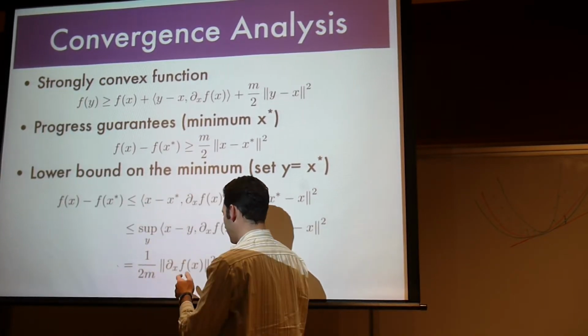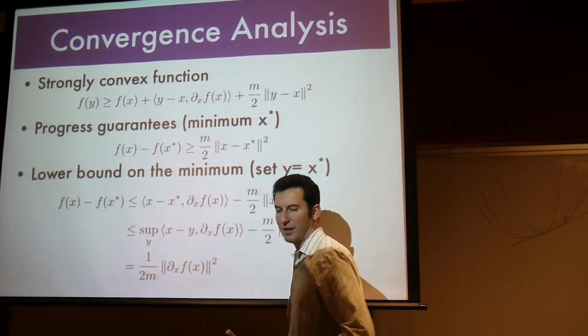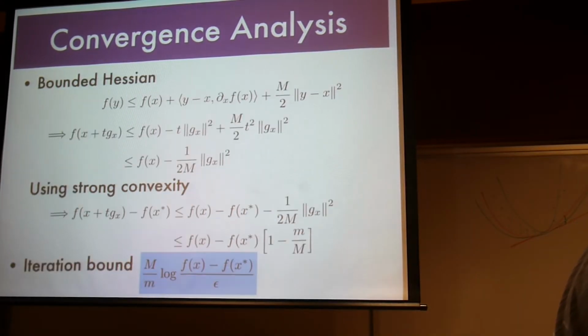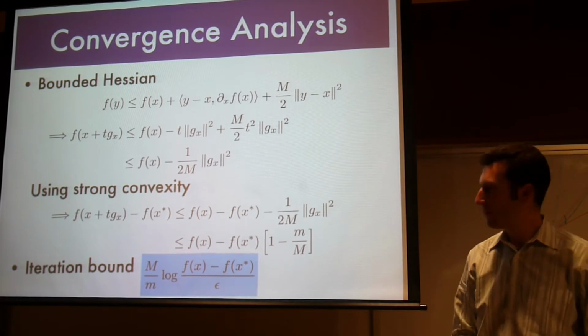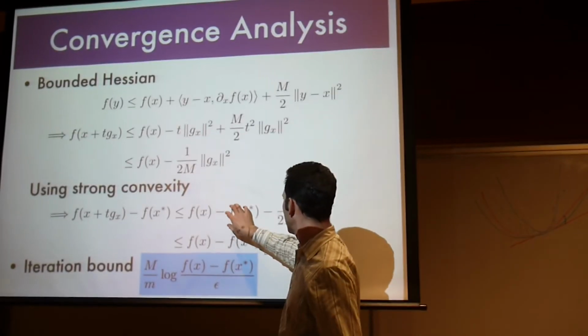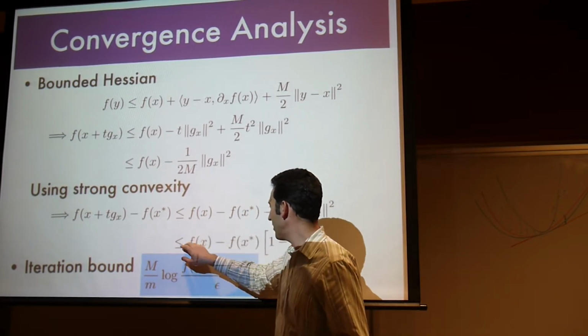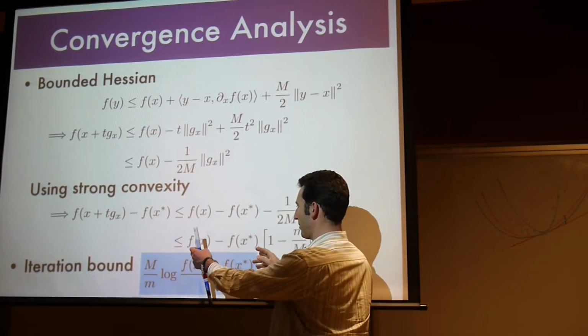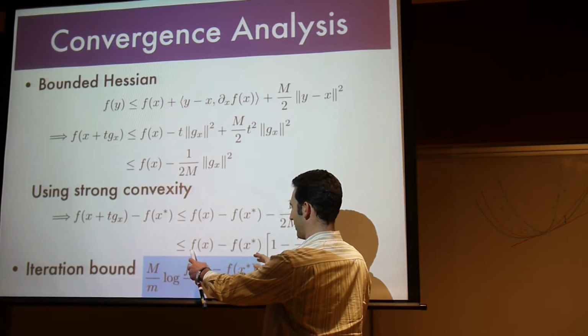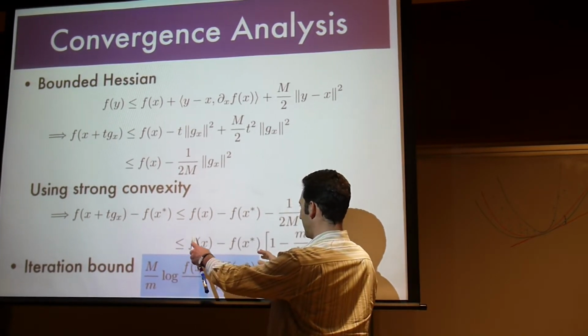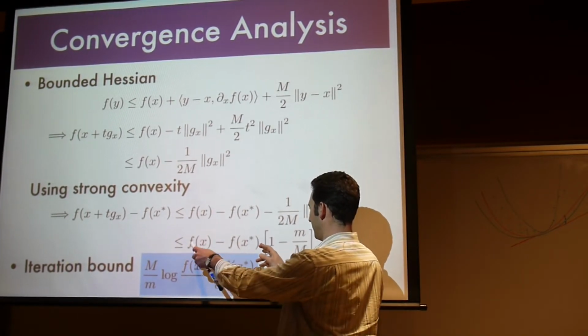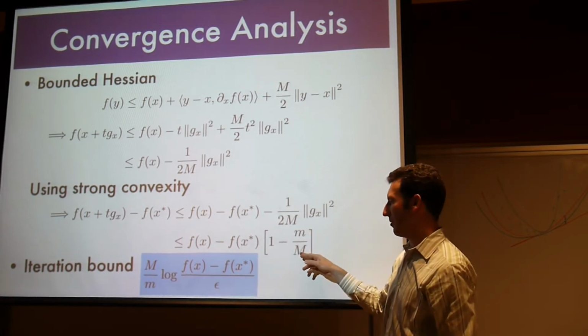So I take this number and plug it in on this line, so I can express the right-hand side entirely in terms of the distance to optimality. There's a bracket: f of x minus f of x star times 1 minus m over M.